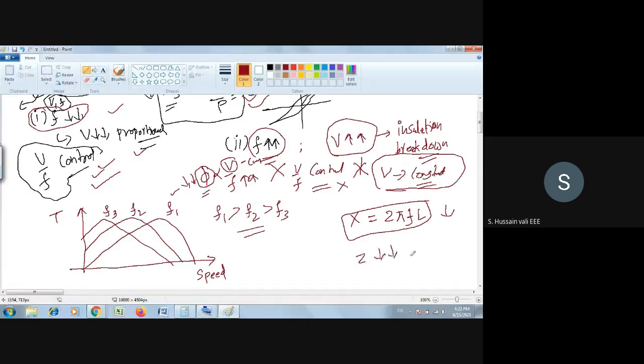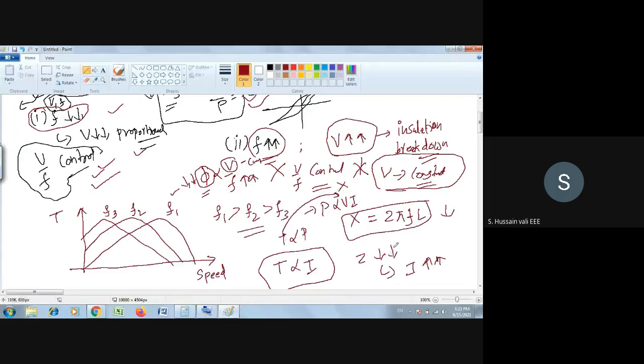If Z decreases, I increases. If I increases, then the torque is proportional to I. I cannot say directly proportional, but definitely torque is proportional to power, and power is proportional to V into I. So in other words, it is proportional to I.